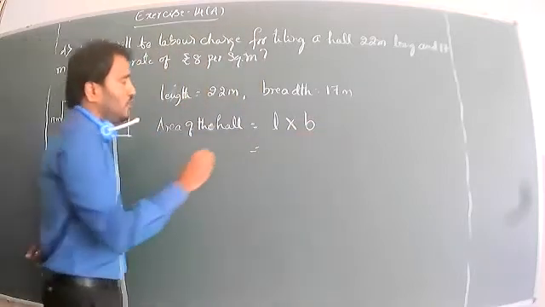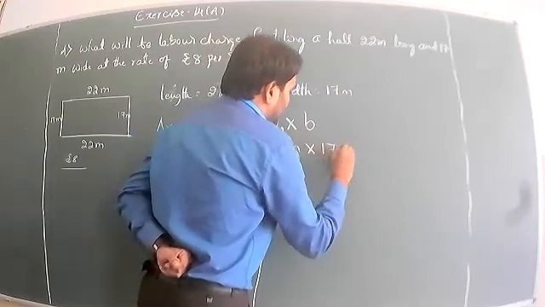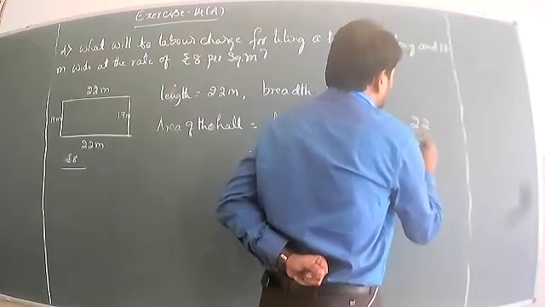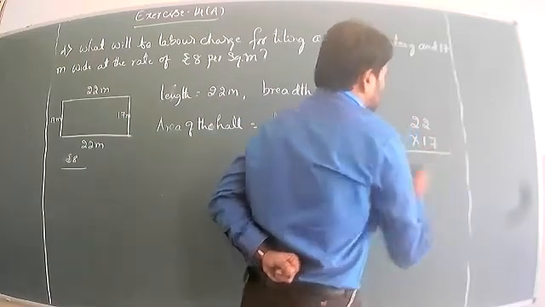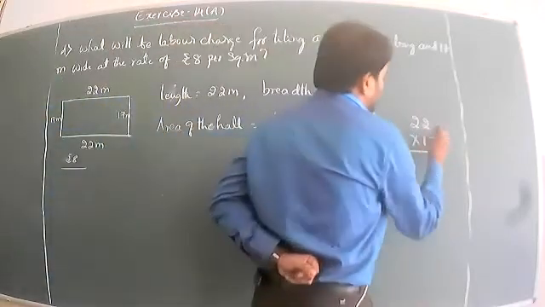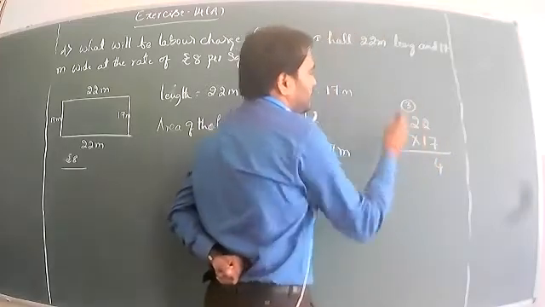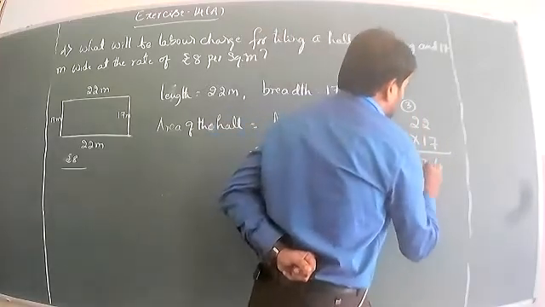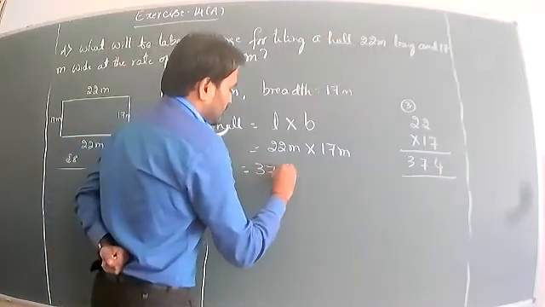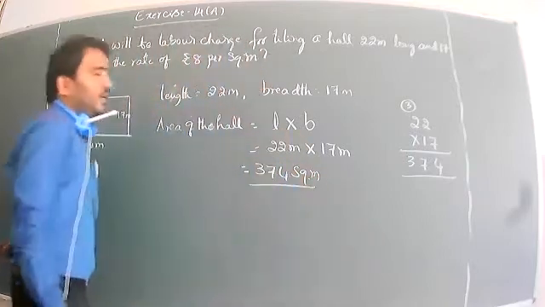So 22 meter into 17 meter. 22 into 17: 17 times 2 is 34, 3 carry, 17 times 2 is 34, plus 3 is 37. So 374 square meter. This is the area of the hall.